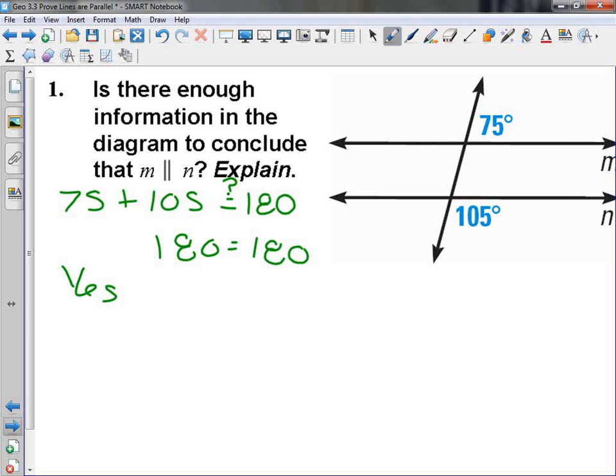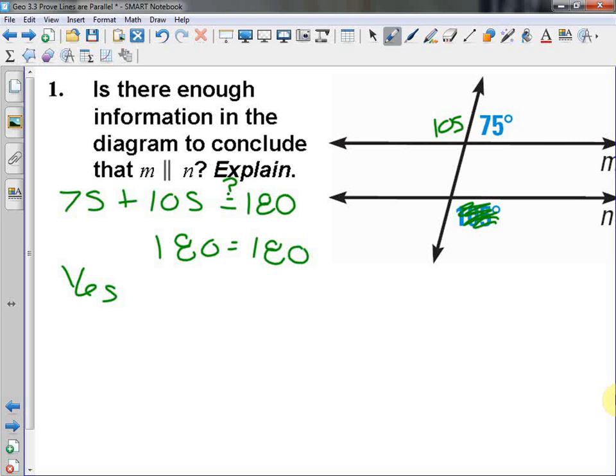What if we didn't know this one was 105? Why no? Jesse, why no? Because you don't know what the other measurement is? Well, we didn't know last time.